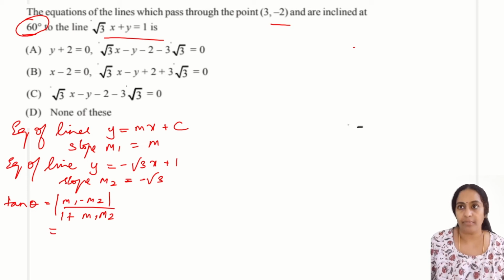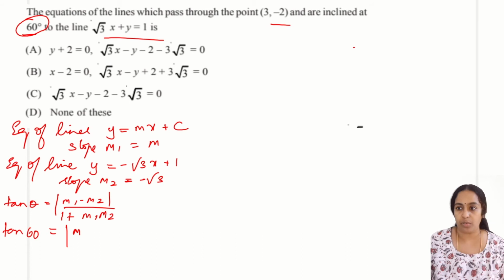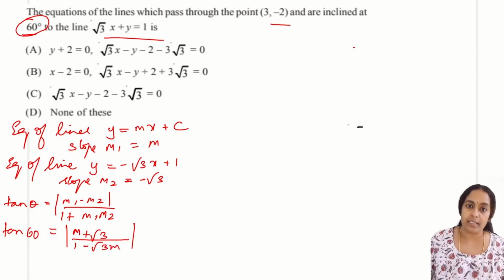So I have tan 60 degrees equals mod of m1 minus m2, where m1 is m, so m plus root 3, divided by 1 plus m1 m2, where m1 is m and m2 is minus root 3, so it's 1 minus root 3m. What is tan 60? Tan 60 is root 3.